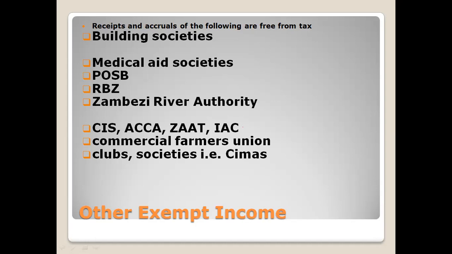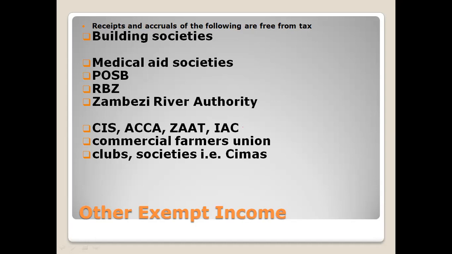If you receive any income from RBZ or income that accrues to you from RBZ, from post office, from Zambezi River Authority, from CIS, from ACCA, these incomes are exempt or they are tax-free. Is it making sense?